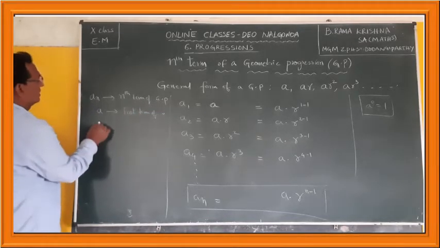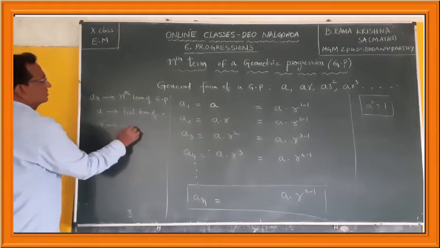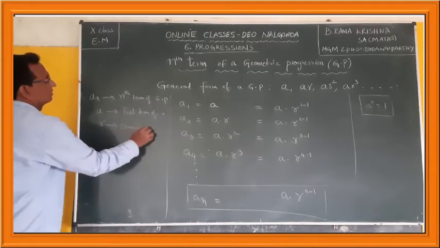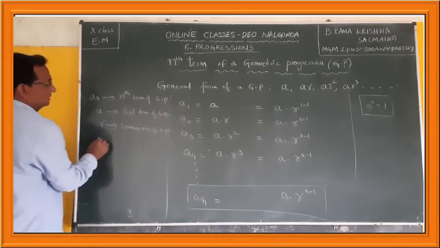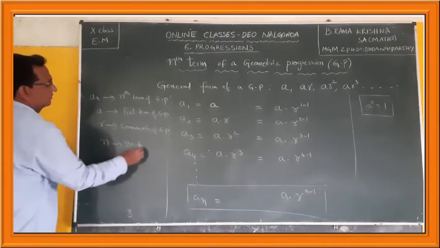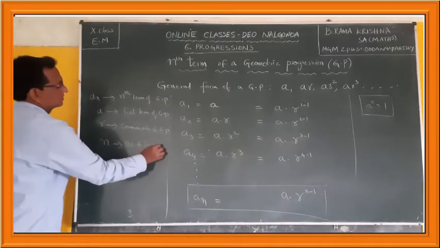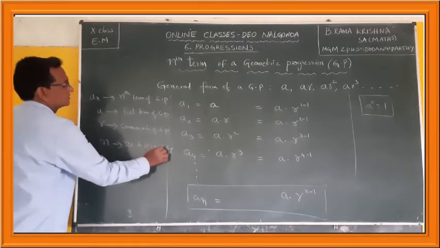R is the common ratio of GP, and one more term is n. n is the number of terms in GP.